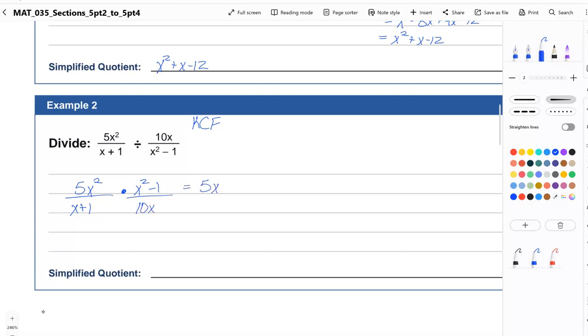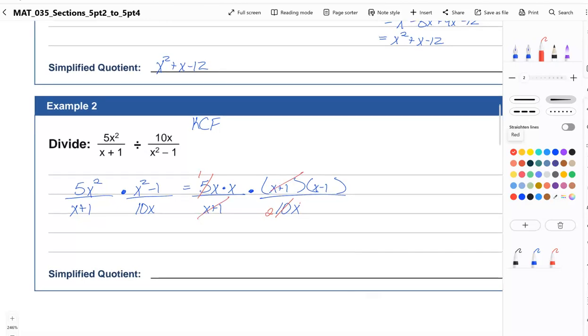So I have 5x squared, which is 5x times x over x plus 1 multiplied by the difference of squares, x plus 1, x minus 1 over 10 times x. So 5 goes into 5 one time, 5 goes into 10 two times.